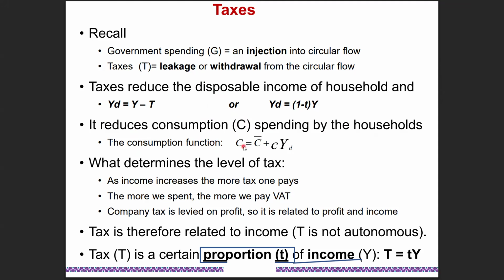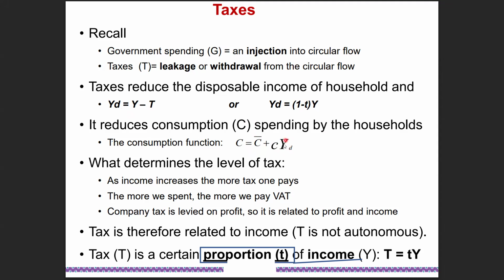So the consumption function, remember we said it's autonomous consumption, which is C bar plus CY, right? But now because we have added the taxation, it's going to be C YD, right? This D to show that it is now disposable income, right? So it's going to be C bar plus C YD. The C for marginal propensity to consume, and then YD for disposable income.